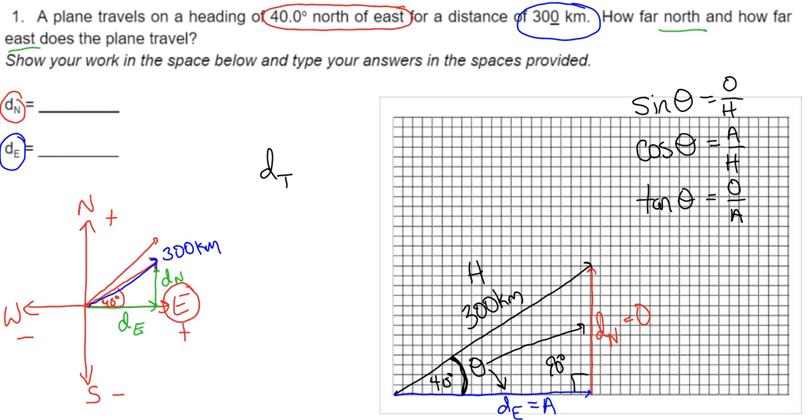Okay, so if we take a look at this, we want to find our opposite side and our adjacent side with respect to our angle theta, which is 40 degrees. So if I know the hypotenuse is 300 kilometers, I can use that information in both sine and cosine, but it doesn't have a place to use it in tangent because tangent is the ratio of the opposite over the adjacent.